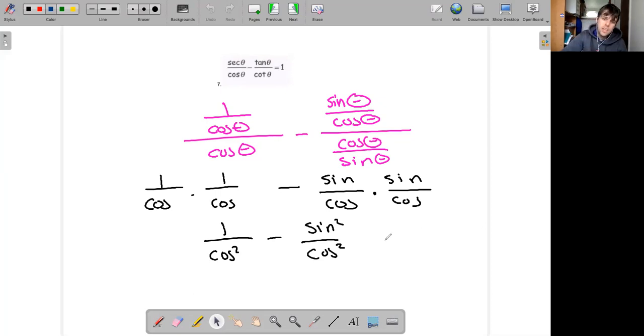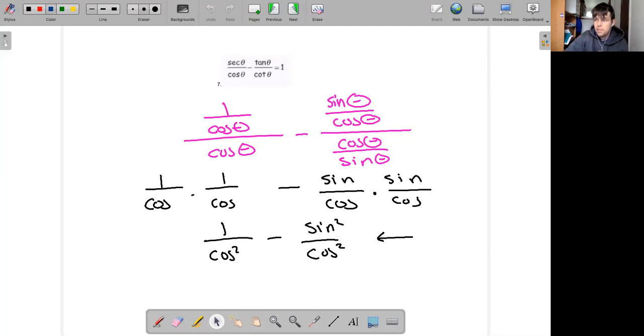We could see if there's some Pythagorean identity that happens if I change this into secant squared minus tangent squared. That is an option, right? That's what these are equal to. So we could take a look at our Pythagorean identities, and actually there is a form of our Pythagorean identities that says that does equal 1. That's one way to go about it.